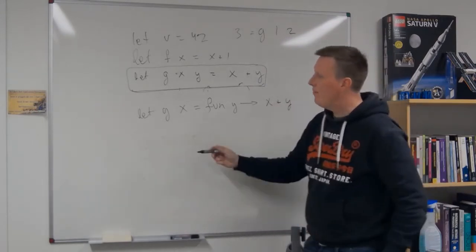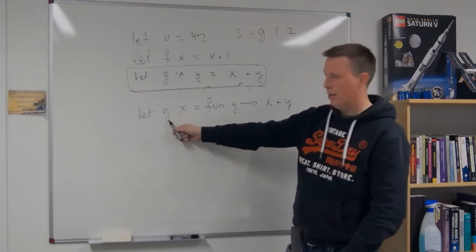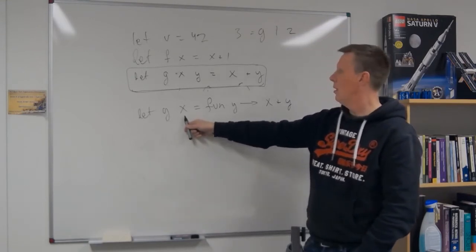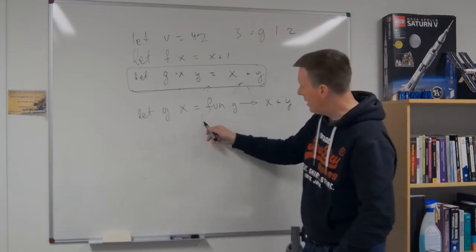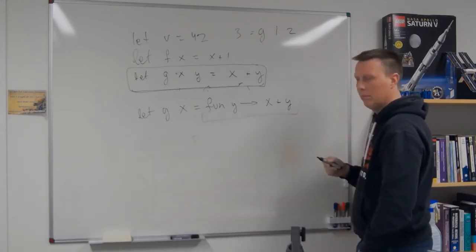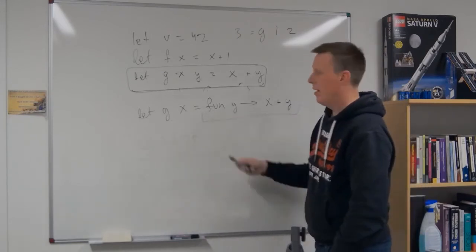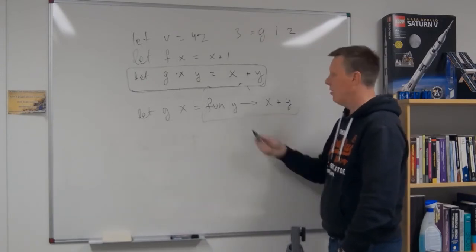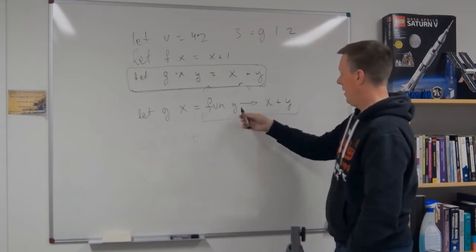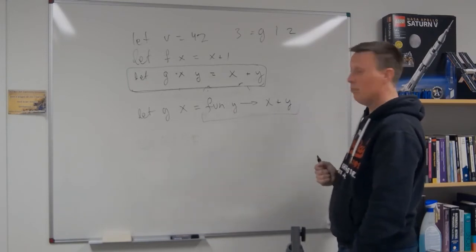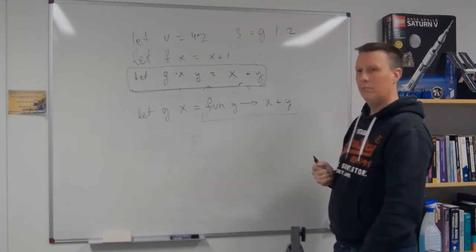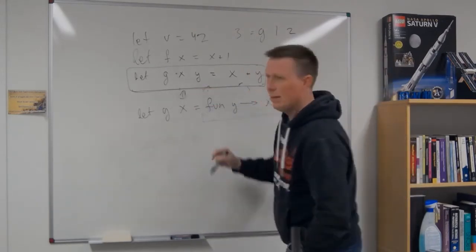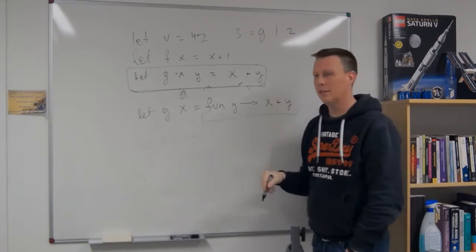So now I've defined g to be a function of one variable, which returns explicitly a lambda function. The fun says create a function on the fly, takes a single variable y and returns this. So this is the exact same thing as this. Caveat, not exact, but almost.